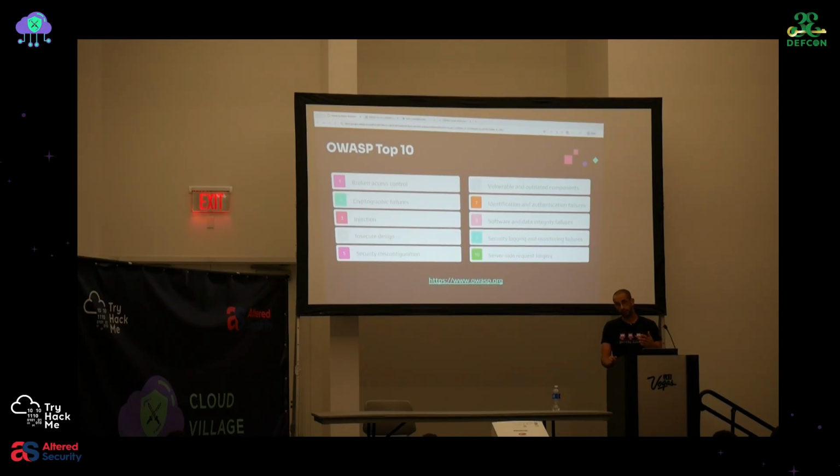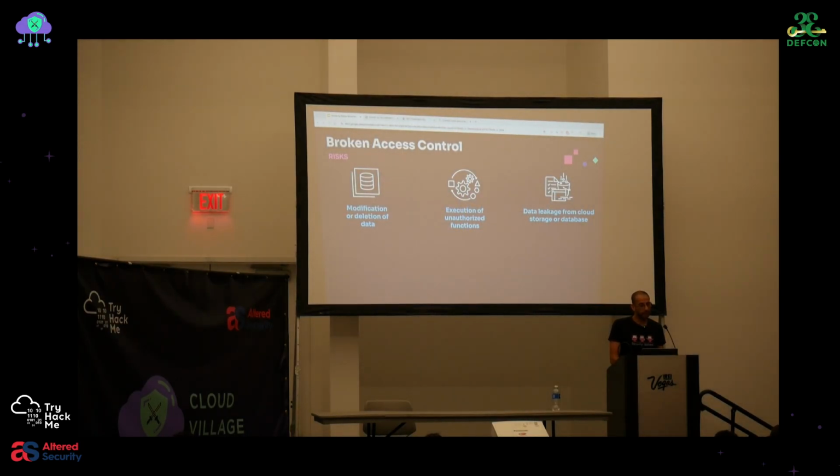If, for example, that Lambda function is associated with an API which is public, then that's going to be a risk as well. So in the next minutes, we will cover many of those risks, which are focused on broken access control, injection, security misconfiguration, vulnerable packages and logging. So let's start with broken access control.